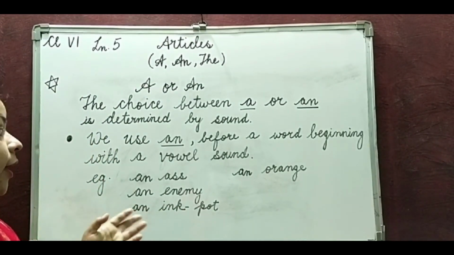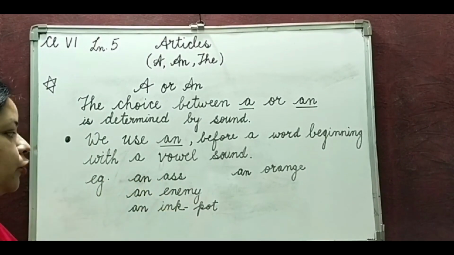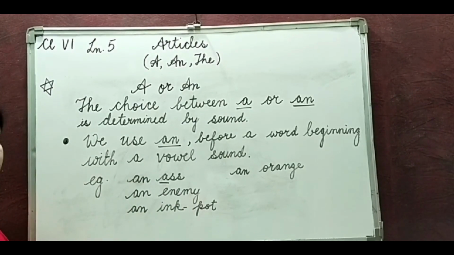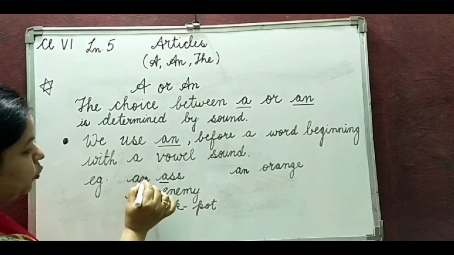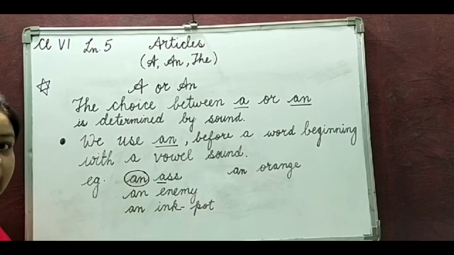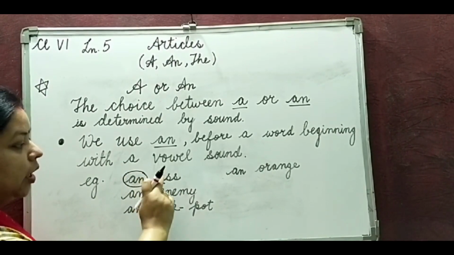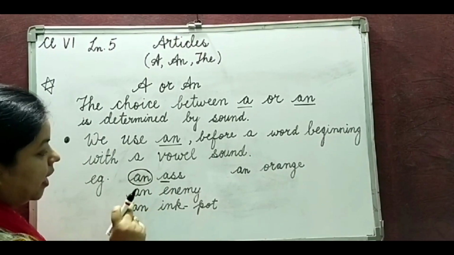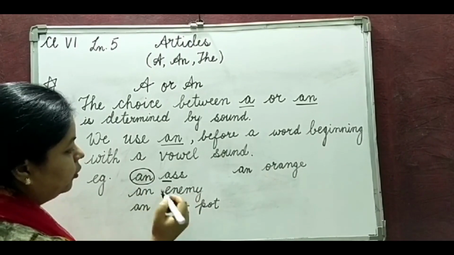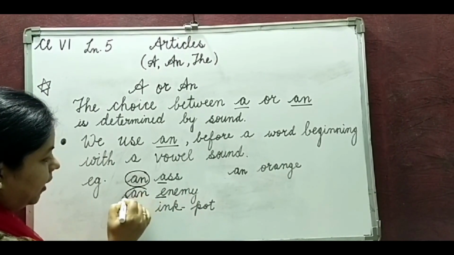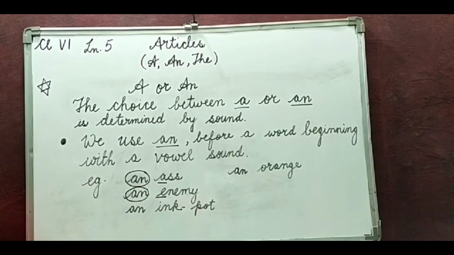You can see an, as. Can you see, children, that a is the letter that is a vowel. So we have used the article an, and the sound that comes while pronouncing as is a. After that, an enemy. So here is the vowel e and the article an is again placed before it.